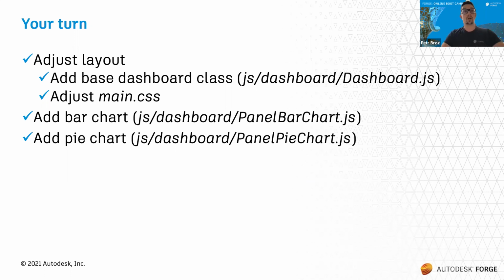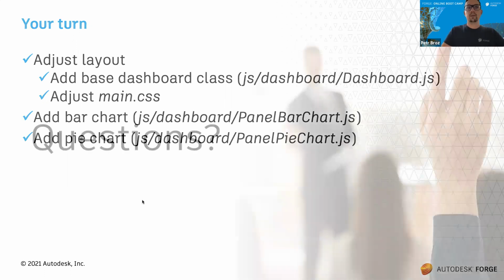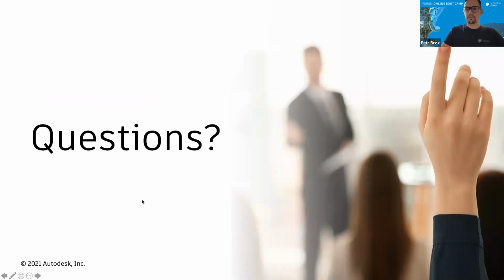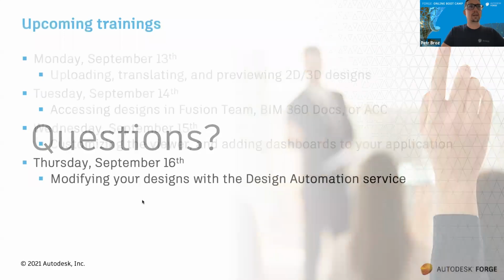I'm gonna stop the recording, but I'll be here monitoring the Q&A. So if you have any questions, if you run into any problems with these final steps, wrapping up your dashboard application, feel free to let me know, and I'll try and make sure that we can unblock you and make sure that you can actually complete your Forge app for today. All right, so that'll be your time for questions.